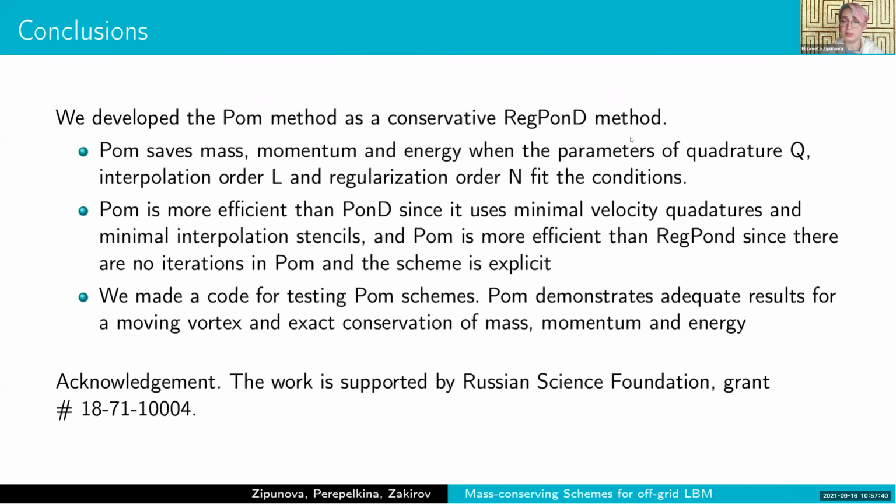And POM is more efficient than the regularized method since there are no iterations in POM and the scheme is explicit. We made a code for testing POM schemes, and POM demonstrates adequate results for a moving vortex and exact conservation of mass, momentum, and energy. Also, we have shown how we can construct such methods.